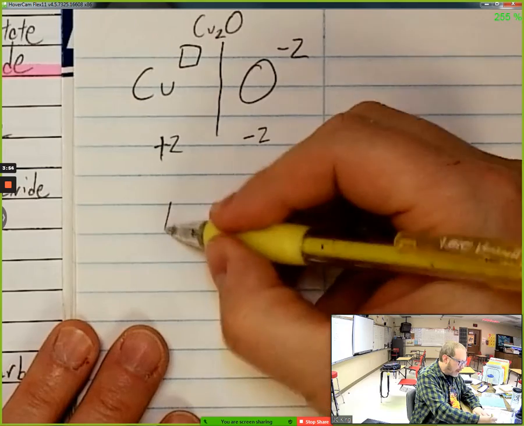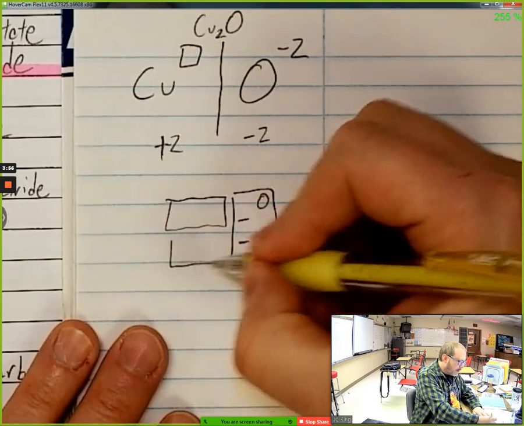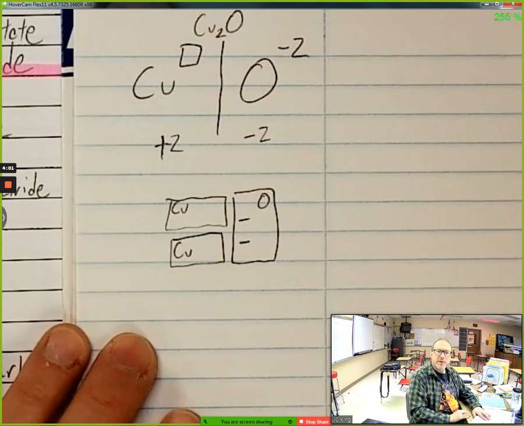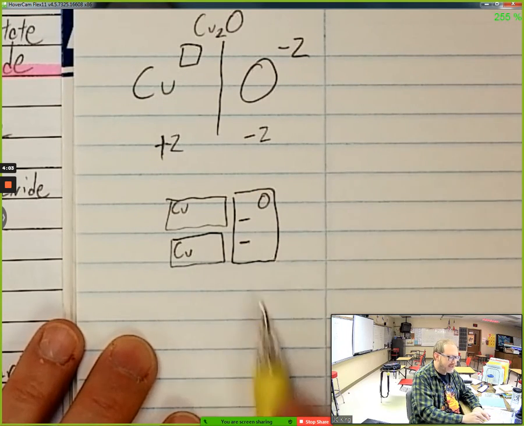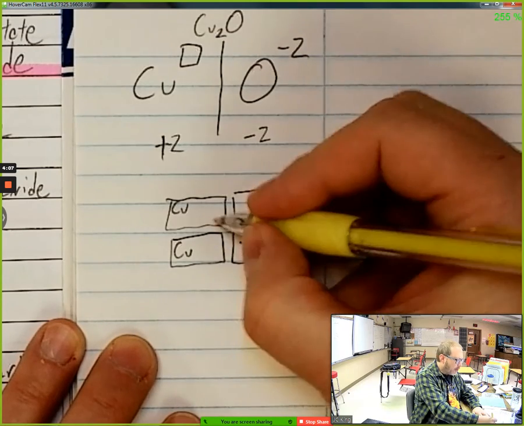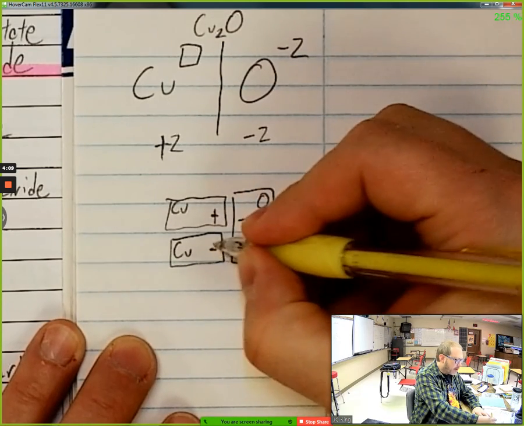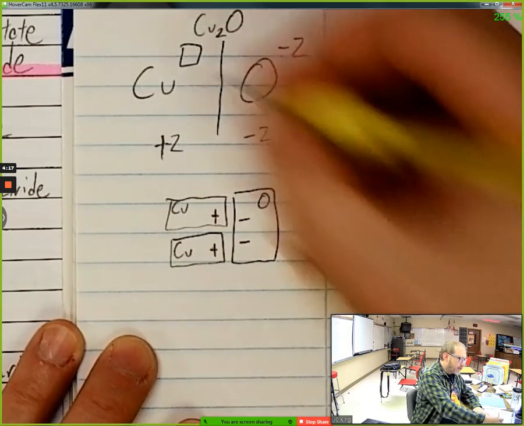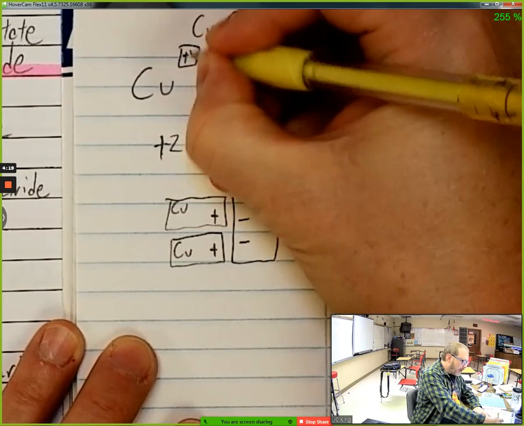I've got two copper atoms hooked up to it. So if all of those charges are going to balance out and add up to 0, then I've got to have one positive charge per copper atom. See? So that tells me that this copper has got a charge of +1.